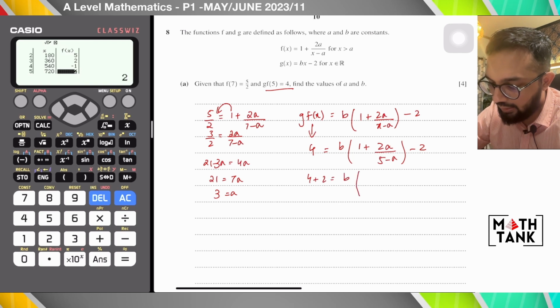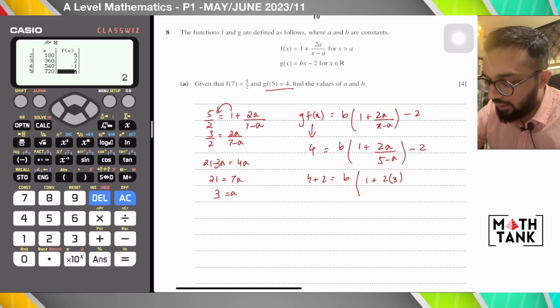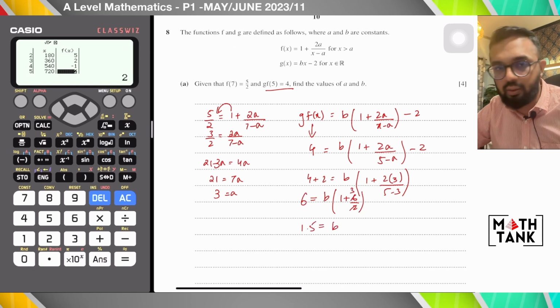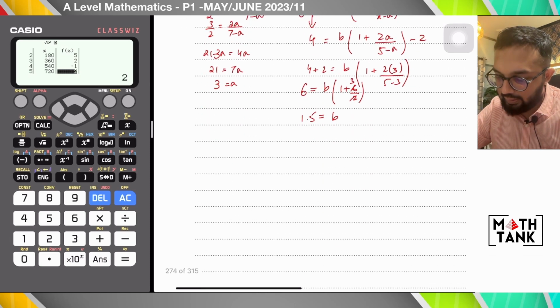I'm going to say that 1 plus 2 times 3, and then 5 minus 3. That's 6 equals b into 1 plus 6 over 2, so 3, 4b. So b is 1.5. Let's verify if that is the correct answer. Yes, that indeed is the correct answer.